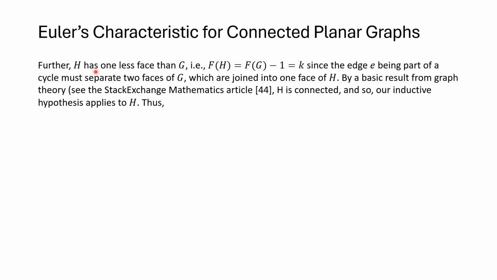So we talked about the number of edges and the number of vertices, but the number of faces for H would be the number of faces in G minus 1, since the edge E that we remove, being part of a cycle, must separate two faces of G, which are now joined into one face.